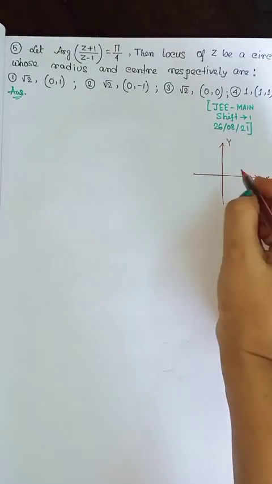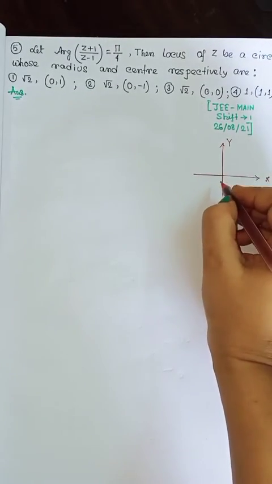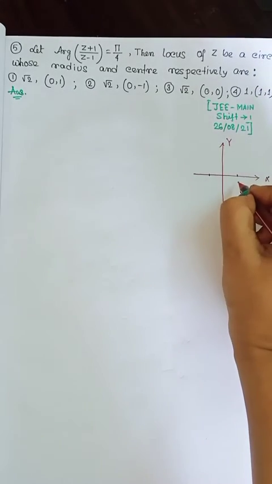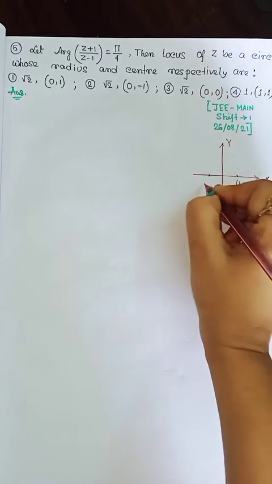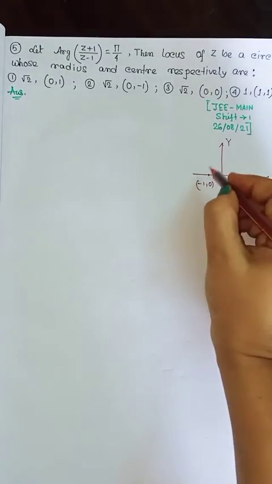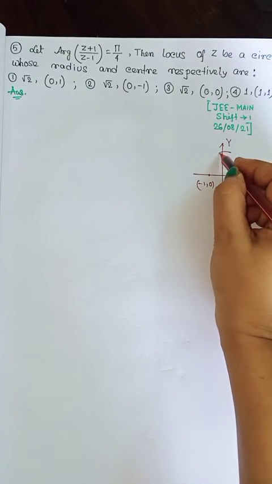At first, this is our two axes, x and y axis, and we draw the two points. It is 1, 0 and it is minus 1, 0. Now we draw the circle.